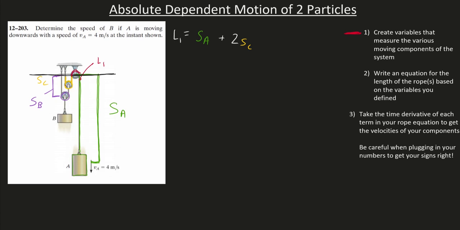Alright, got a little bit of rope constant right there. That's always going to be there. Not going to write it. And one last rope constant right there. That's just always going to be there. Not going to write that. So, got my length of my rope 1.